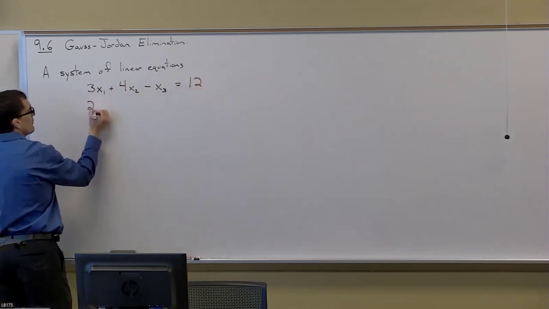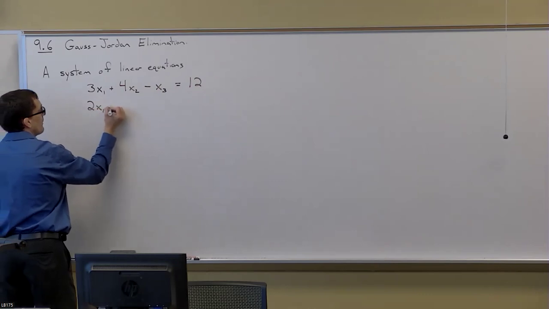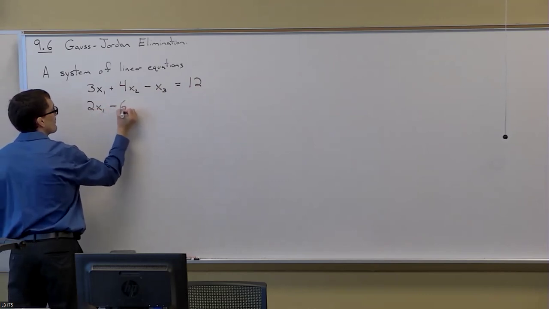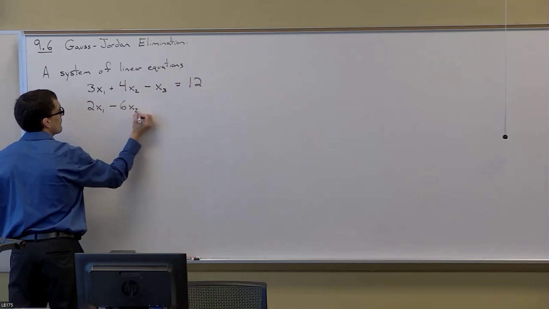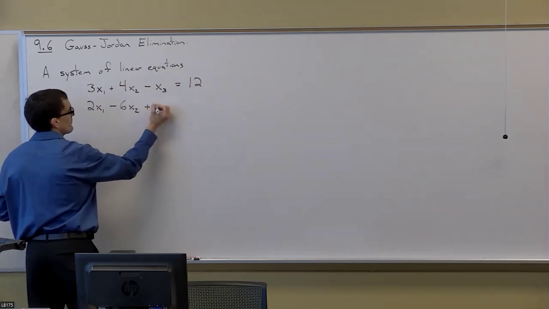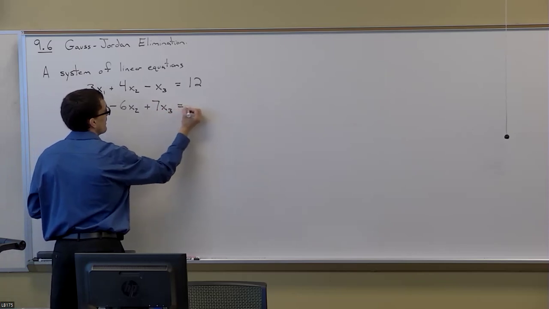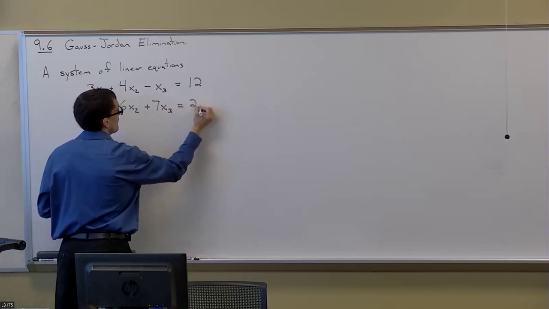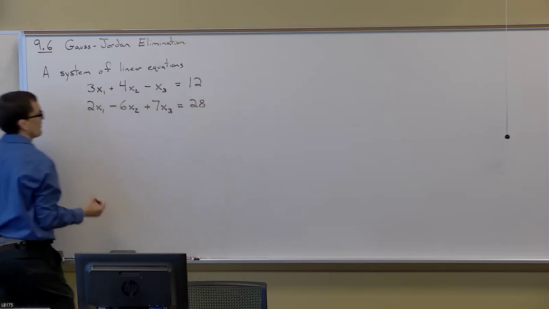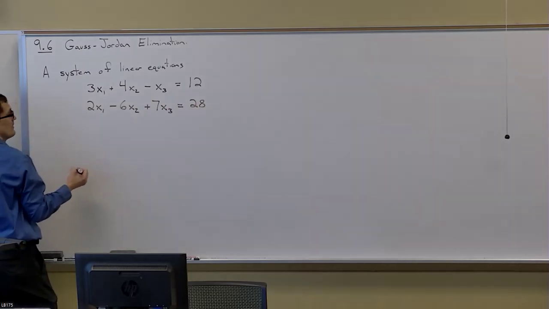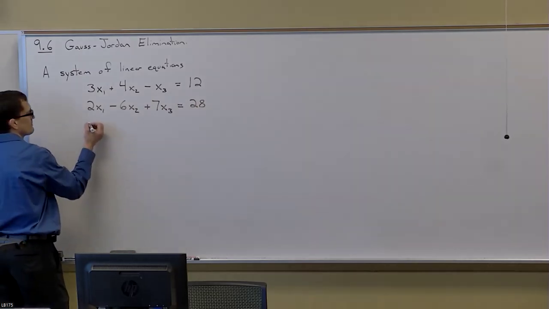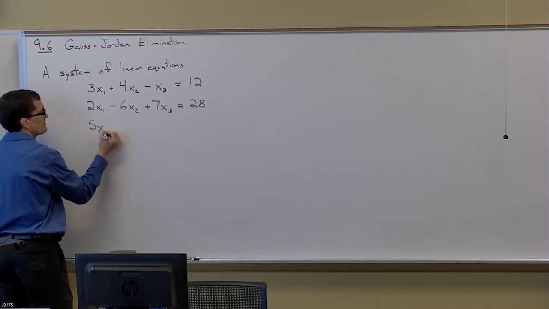And then 2x1 minus 6x2 plus 7x3 equals 28. I'm just making these up. These are going to be ugly numbers, I'm sure.